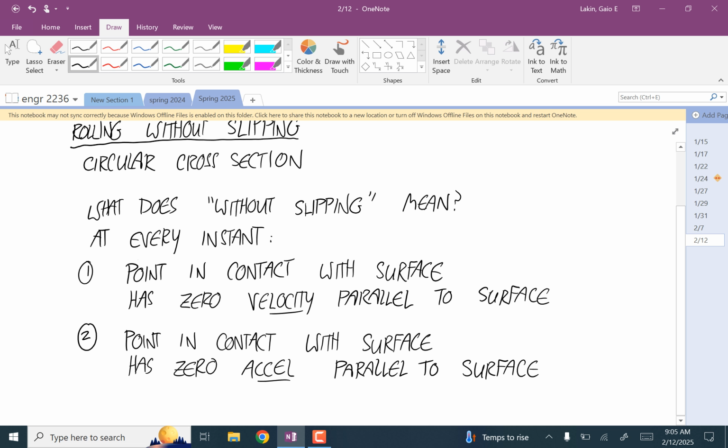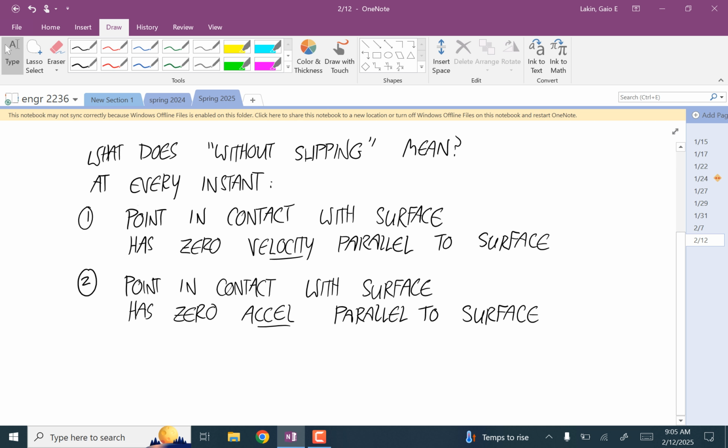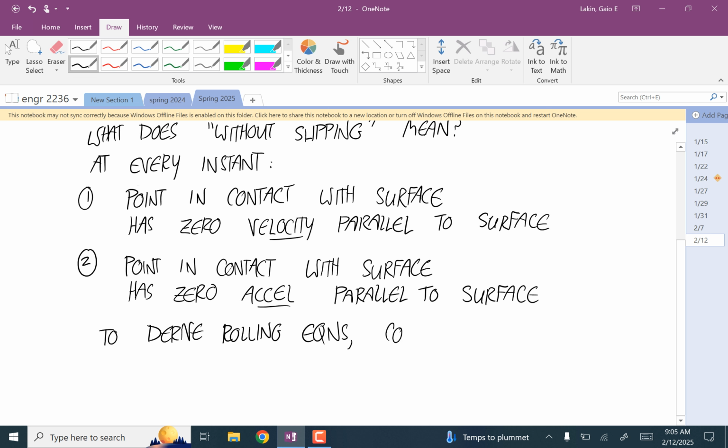And with those two requirements, to derive the rolling without slipping equations, you just combine these two requirements with relative motion.